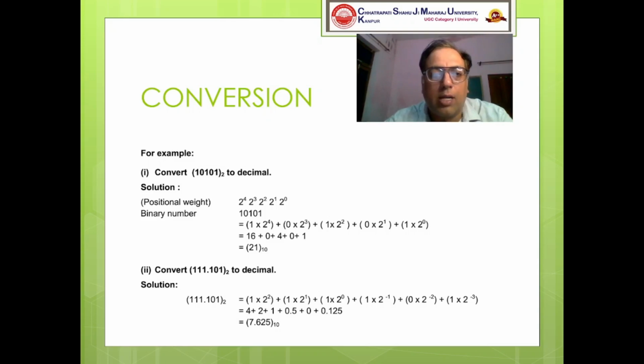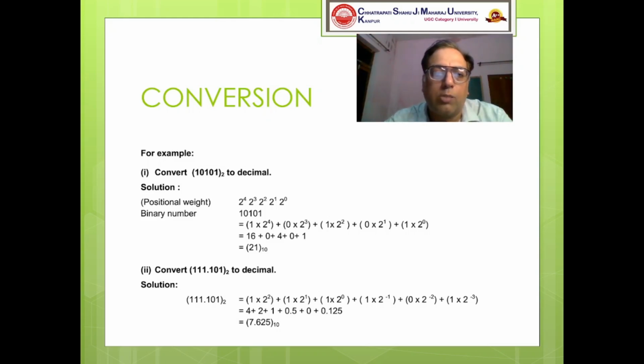By multiplying the binary digits with the positional weights and adding them, you will get 1 into 2 to the power 4 plus 0 into 2 to the power 3 plus 1 into 2 to the power 2 plus 0 into 2 to the power 1 plus 1 into 2 to the power 0.